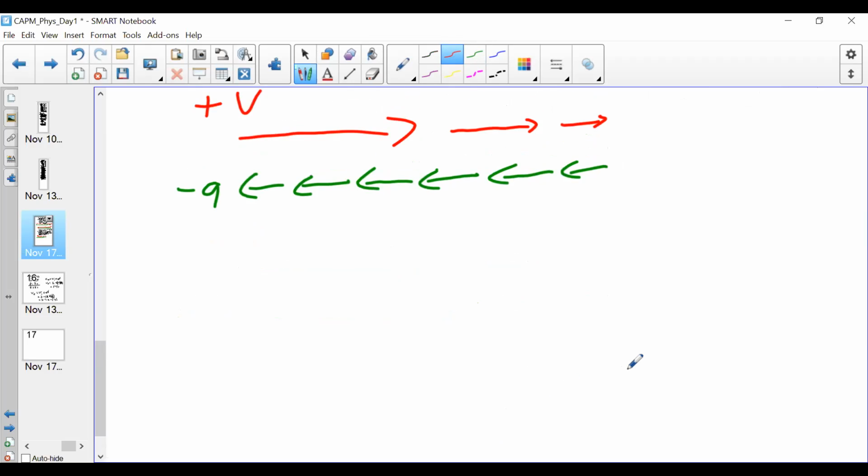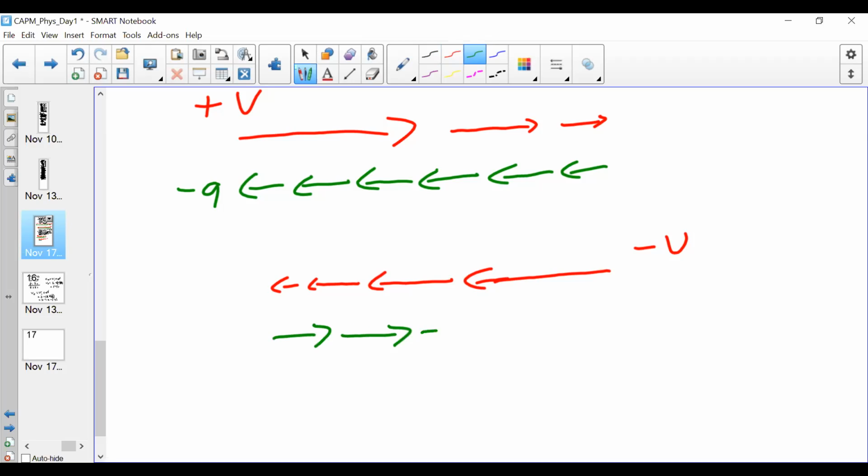And the other case here, let's see, if it's going this way, and slowly but surely, okay, there's a negative velocity. Acceleration goes the opposite direction at a constant rate.